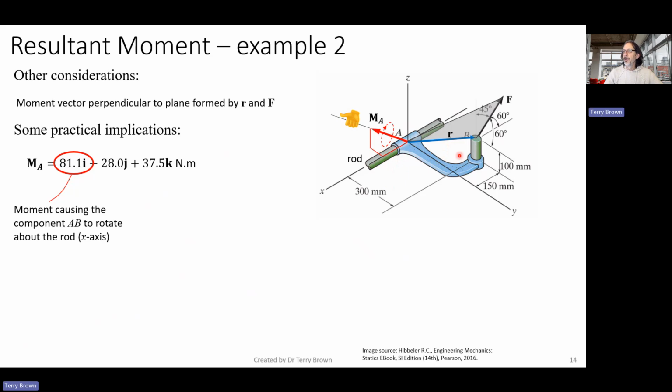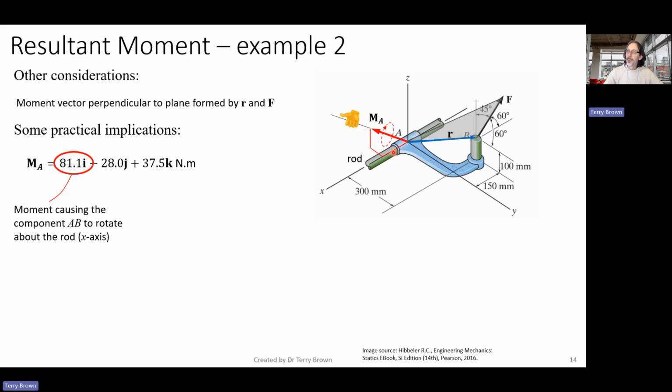So we've drawn this component of the moment along the direction of the rod here, and if we put our right hand rule, put our thumb along the direction of x and rotate our fingers, we can see that that makes sense.